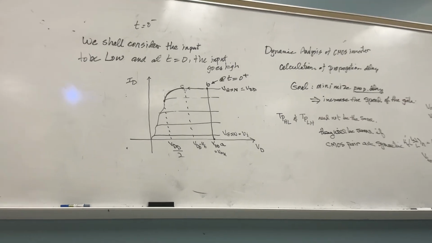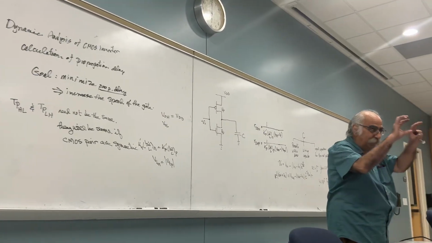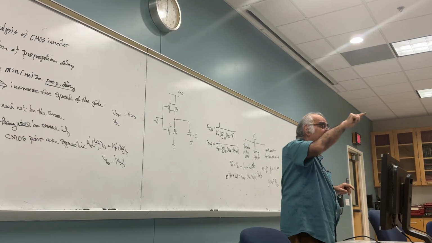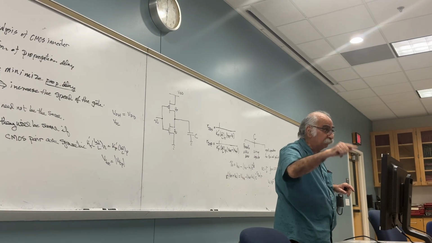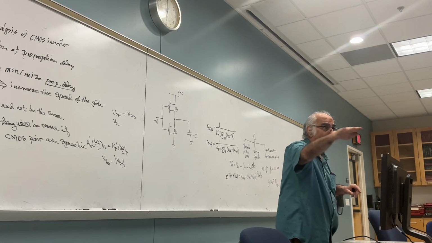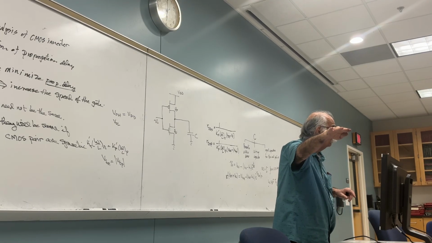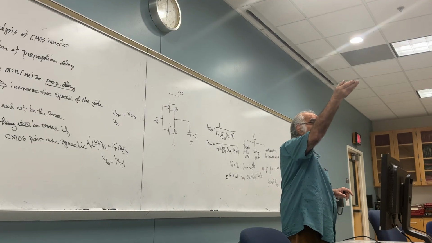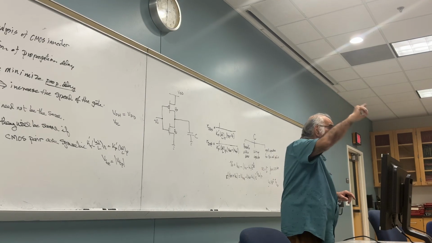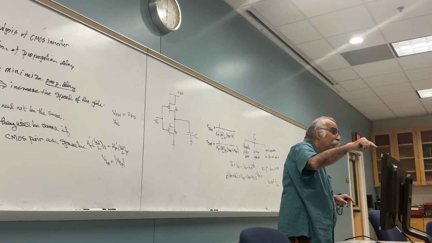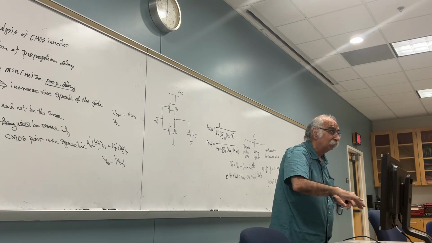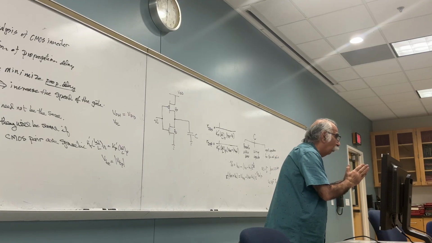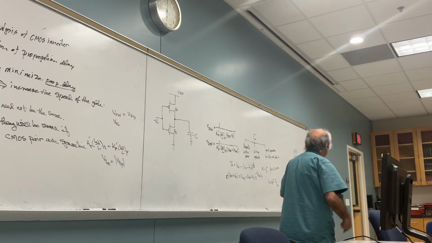Remember the NMOS. To create the channel, VGS needs to be greater than VT at every point along the channel. But as I increase the drain voltage, the difference between the gate and the drain is going to fall below VT, causing the channel to pinch off. When will this happen?